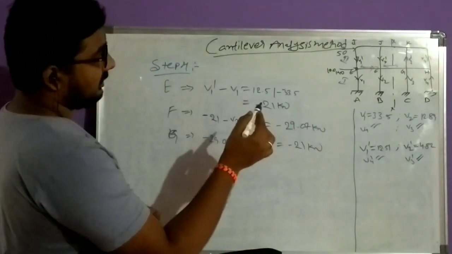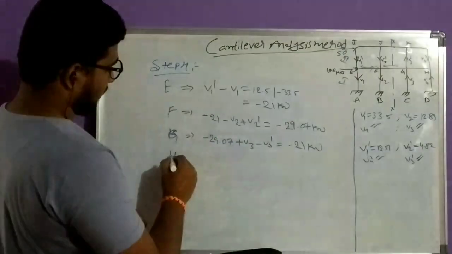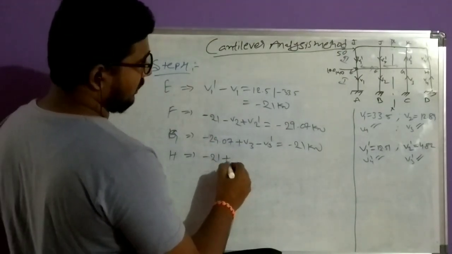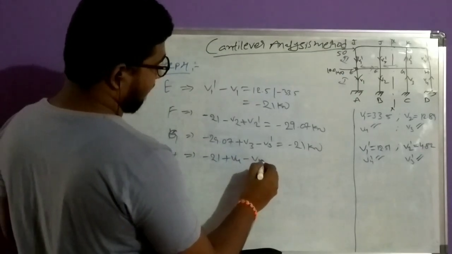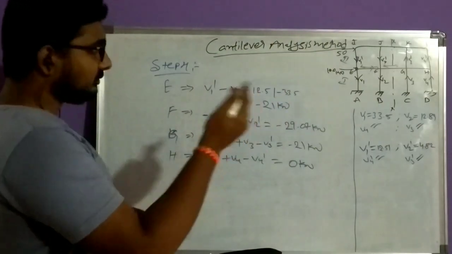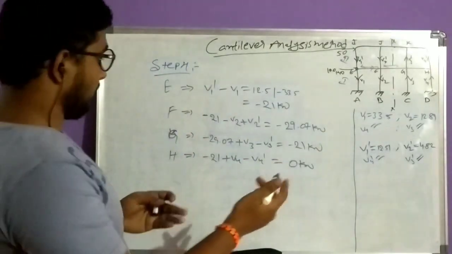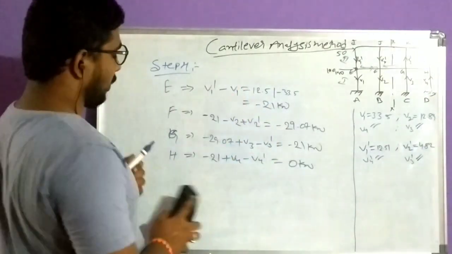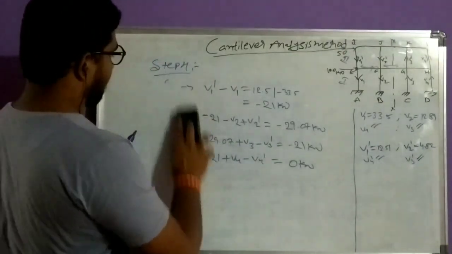And considering the junction H, this minus 21 plus V4 minus V4 dash, we will get 0 kilonewtons at the end of the beam. In the same way, we will calculate the shear forces in the top story beams also.